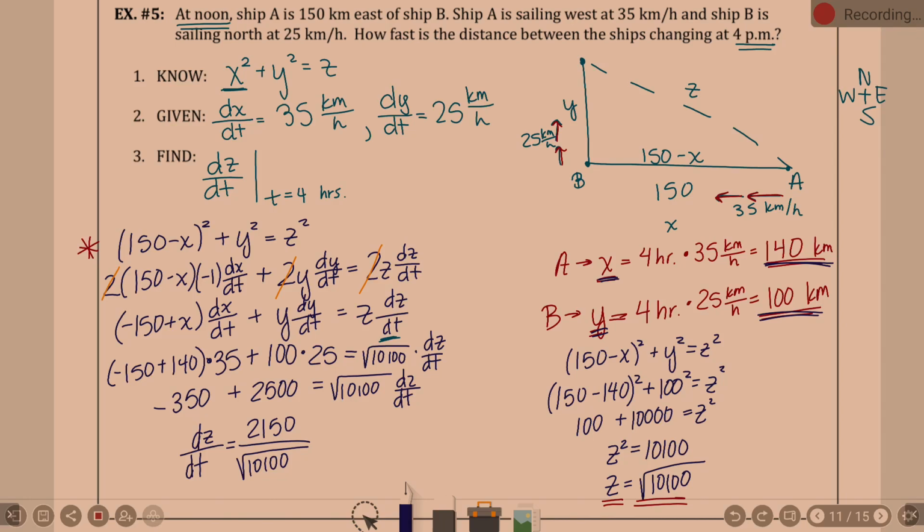You can't stop at 2 decimal places. 21.393. Gotta have 3 decimal places. Not just kilometers, it's dz/dt, kilometers per hour. And this would be at 4 p.m.